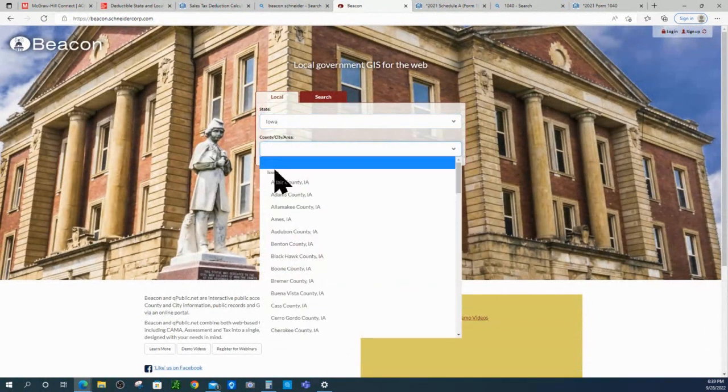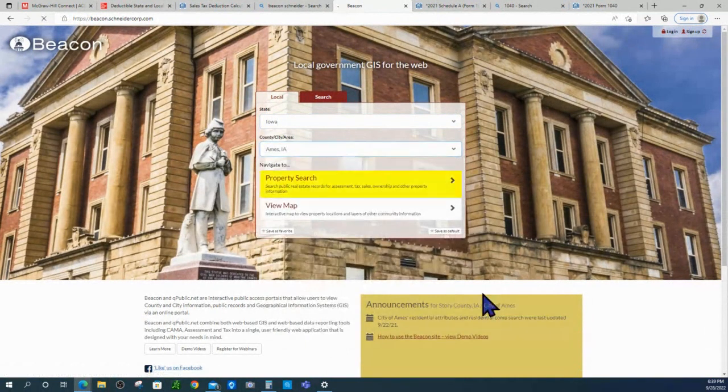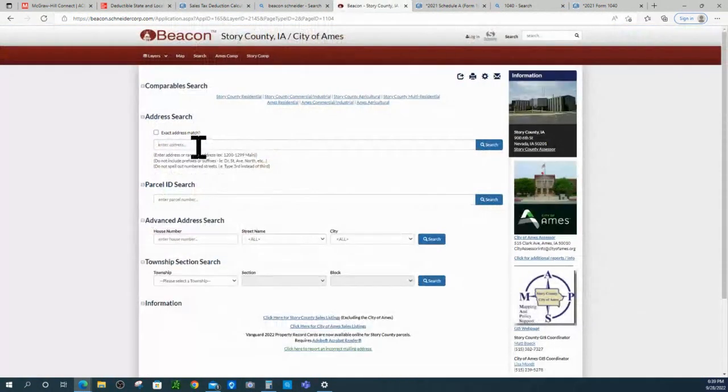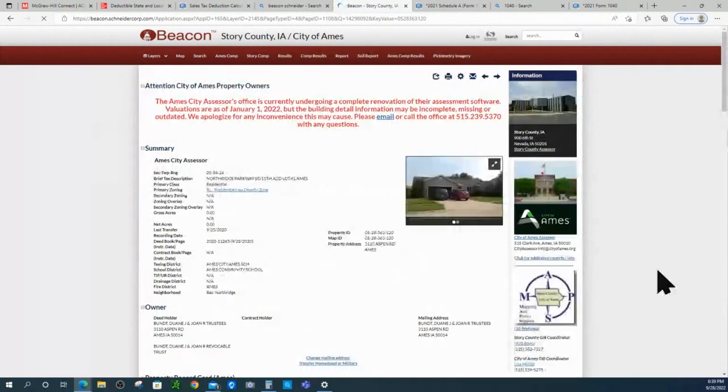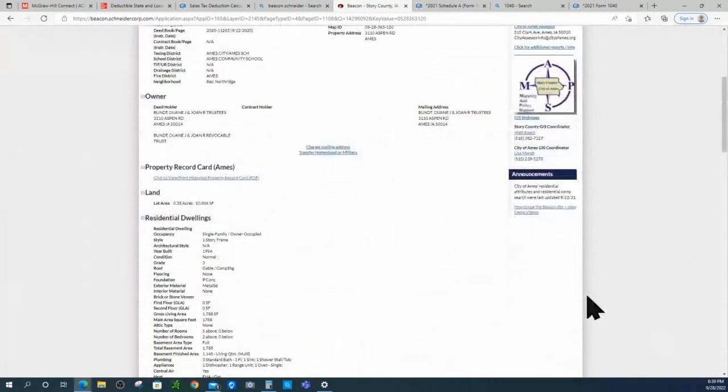So Iowa, let's say Ames, and we'll just say Aspen, 3110. That's not my address, but I just happen to know that there's an Aspen Drive. So here's 3010 Aspen Drive.